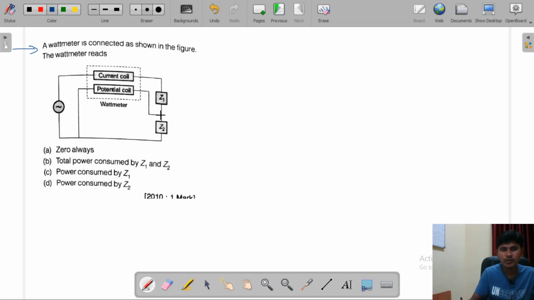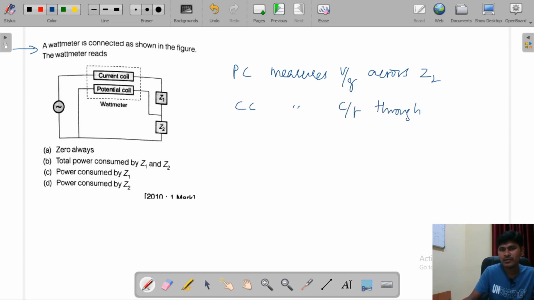See here, potential coil is connected across Z2. So potential coil measures voltage across Z2. Current coil measures current through Z1 and Z2.